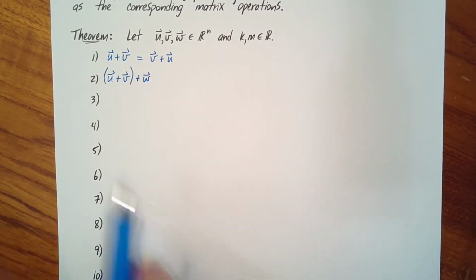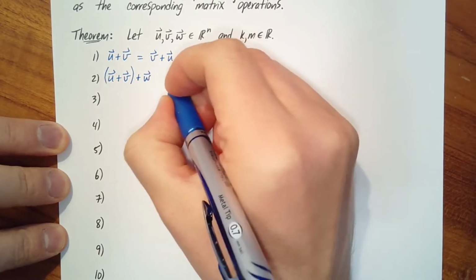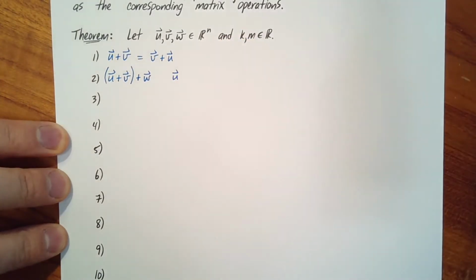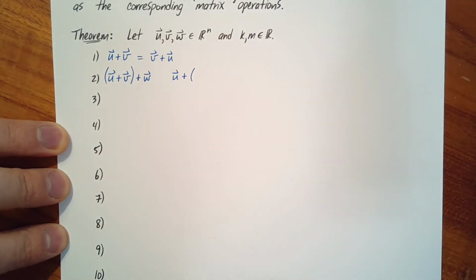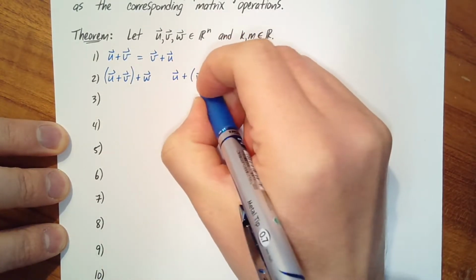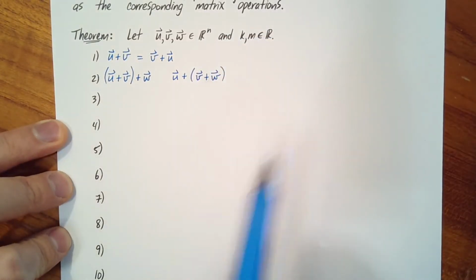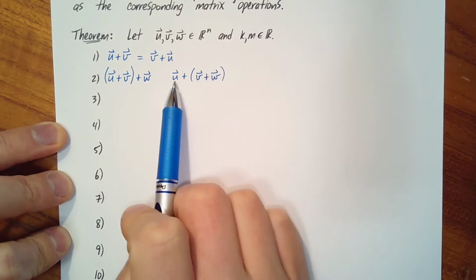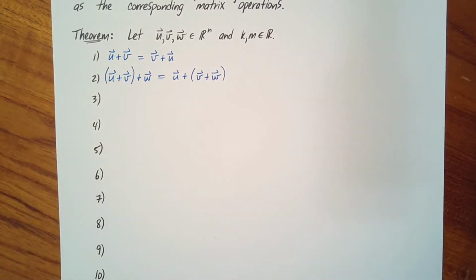It turns out I could have also taken the vector u and added that to the result of adding v to w. So I could add v and w together, calculate the result, and then add that result to u, and it turns out that I will get the same thing. So this is called the associative property of vector addition.